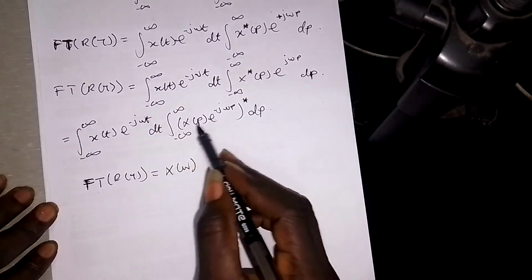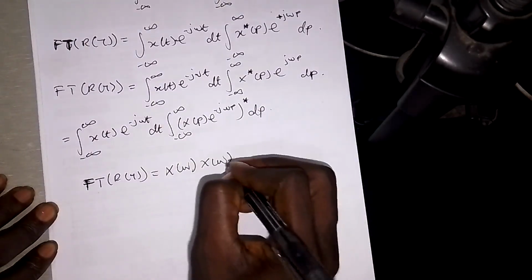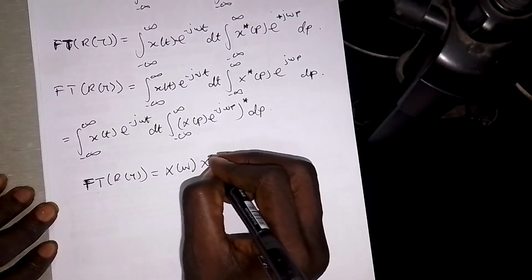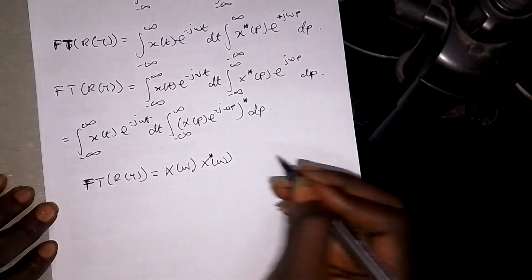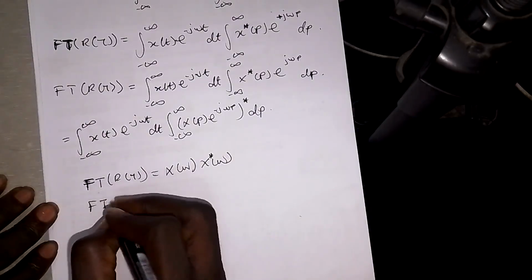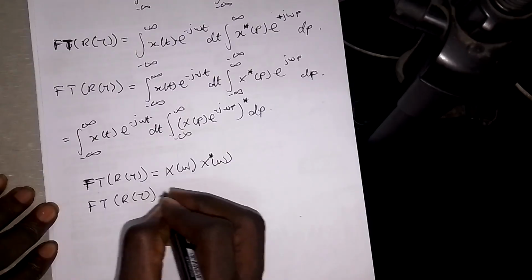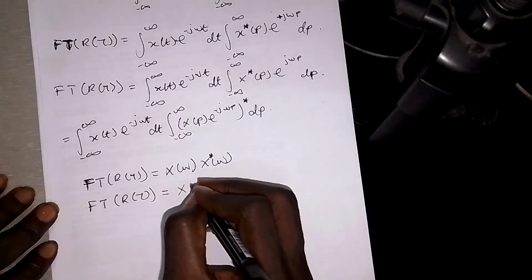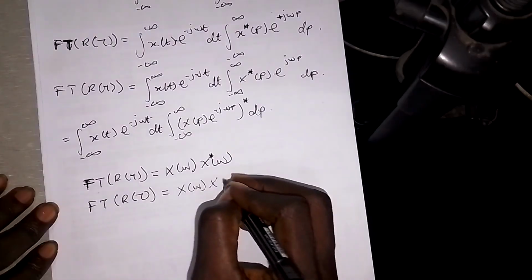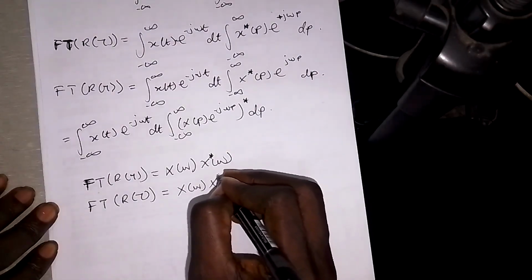This one is also the Fourier transform, which gives you X(ω). But this one, the conjugate is here, so I'll bring that conjugate here. So now this is the end of it. The Fourier transform of the autocorrelation is X(ω) times the conjugate of X(ω). Here is the correlation.